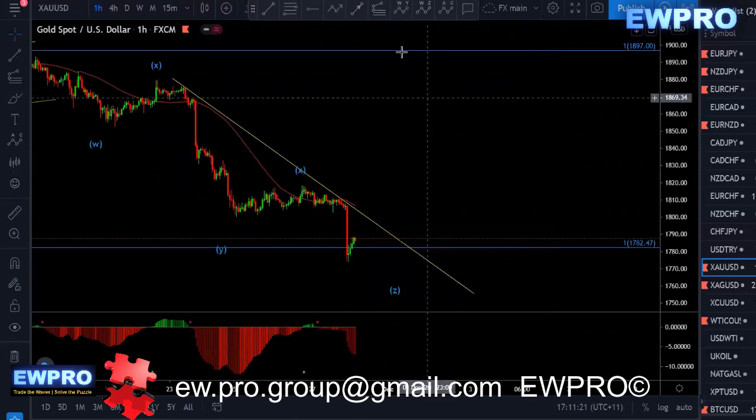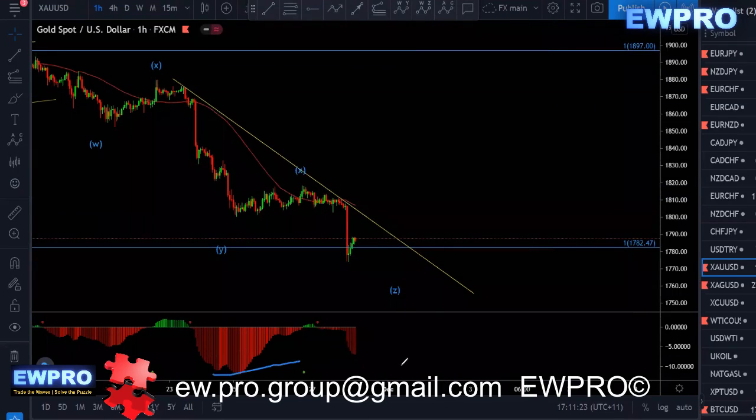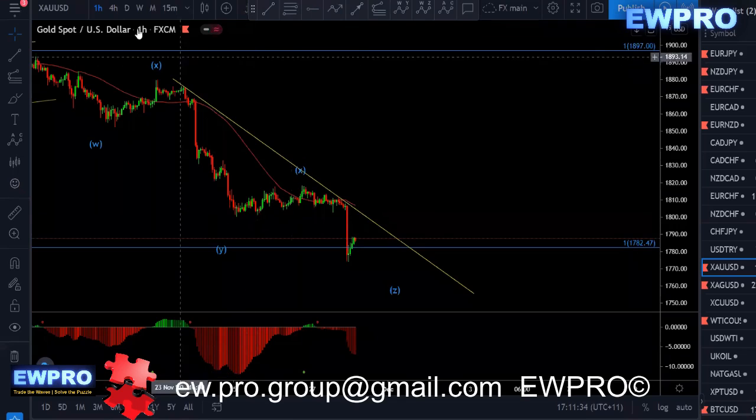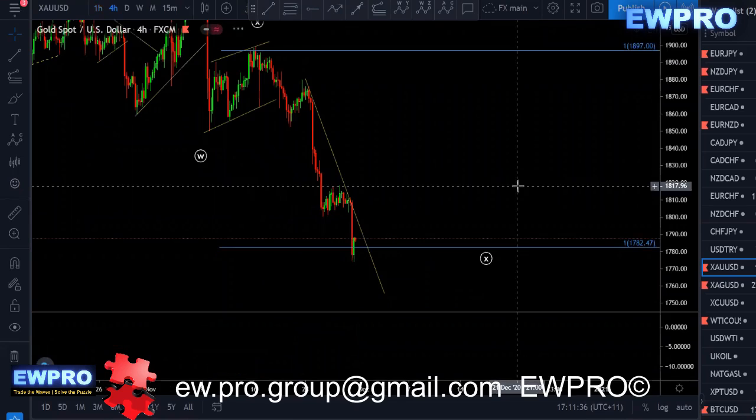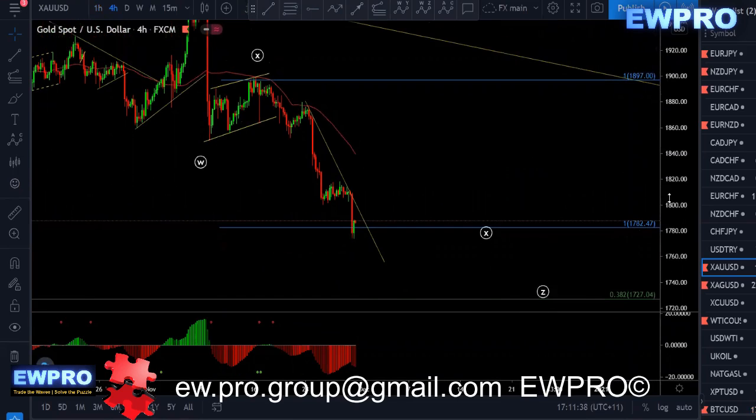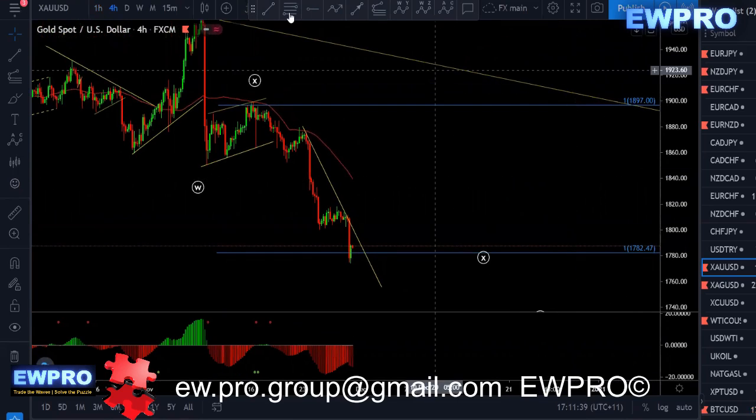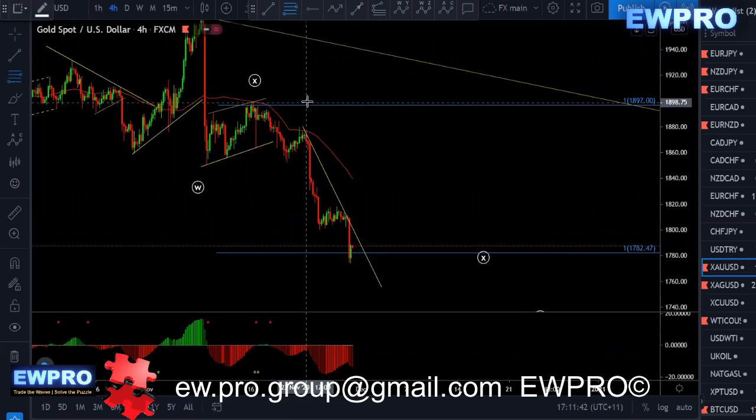So for the buy, we do have bullish divergence. So if you get a trend line break, flag or correction in here, you definitely can look for that buy. Your target will be the 38.2, which will be in here.